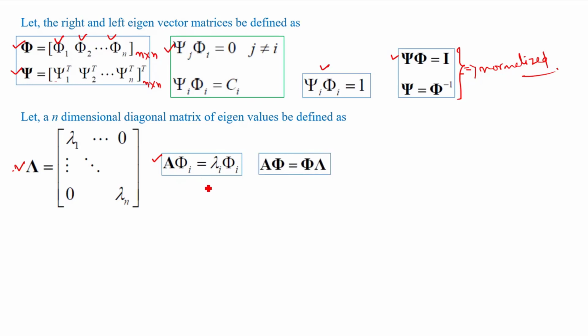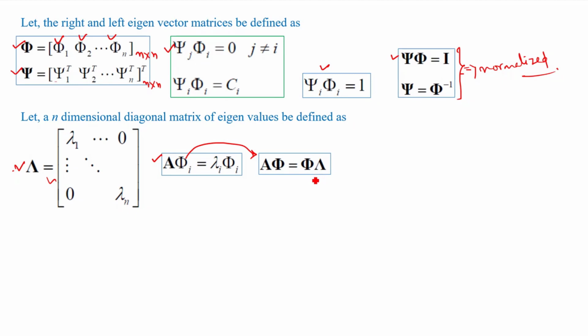If I write this in the matrix form, considering all the eigenvalues, I can write A into phi equal to phi times the diagonal matrix. If I multiply the right eigenvector matrix with A, then the right eigenvector matrix is multiplied with the diagonal matrix consisting of eigenvalues as the diagonal elements.